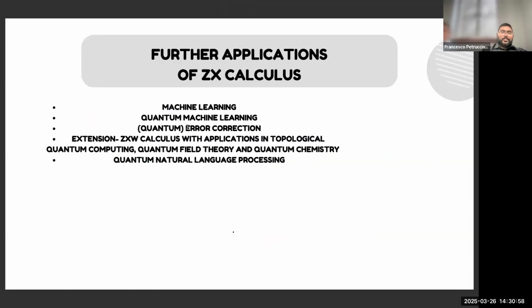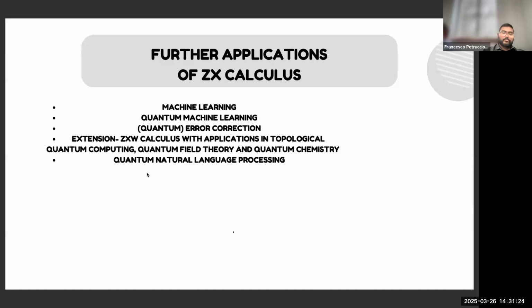So that's where I'll stop. And just to remark that I've just touched on a few aspects of ZX calculus, but there are many applications in machine learning, quantum error correction. There's in fact an extension of ZX calculus called ZXW calculus, where we have additional W spiders. And this has applications in topological quantum computing, quantum field theory, and quantum chemistry.